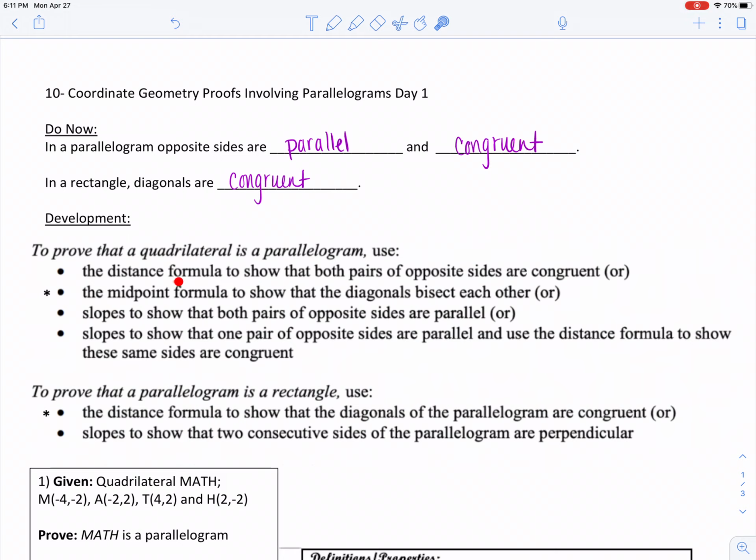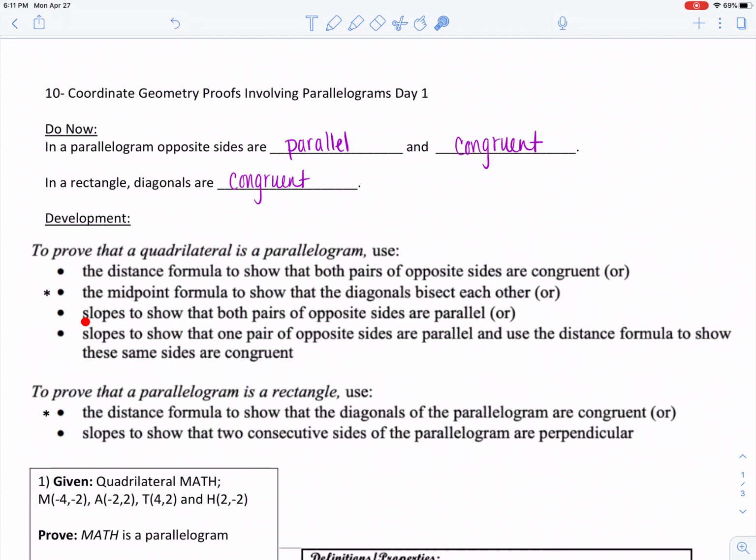That would require you to use the distance formula or Pythagorean theorem 4 times to show the length of all 4 sides, and then you'd be able to state that the opposite sides are congruent. The method that I always choose to use only requires you to get 2 things. If you use the midpoint formula to show that the diagonals bisect each other, you would only have to get the midpoint for each of the diagonals, and that's only 2. So that is the quickest way of doing it.